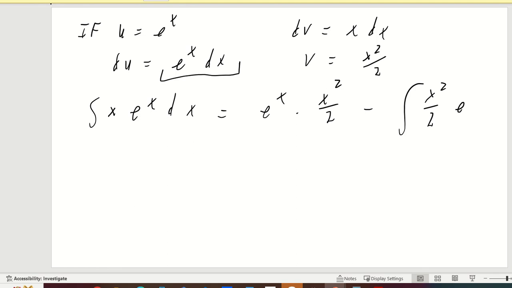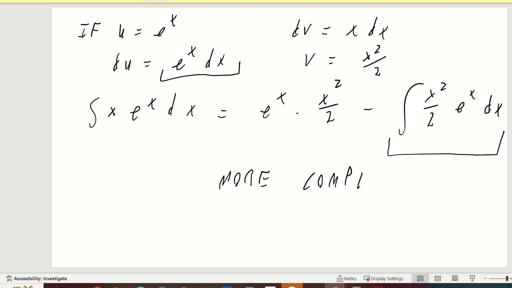So we get x squared over 2 times e to the x dx. This here is obviously more complicated than what we started with, so it results in a situation that's not a simplification. So this is a more complicated scenario, and this is why we don't make that choice and we make the other choice. So this is more complex.